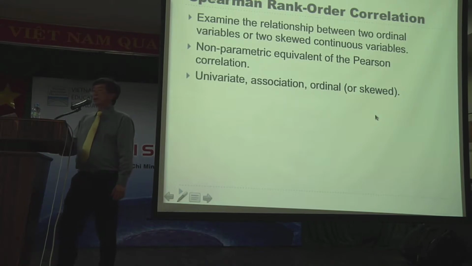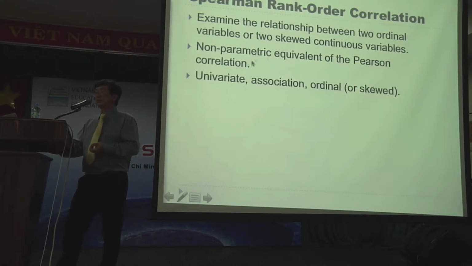Spearman rank order correlation examines the relationship between two ordinal variables or two skewed continuous variables. This is a non-parametric equivalent of the Pearson correlation. So it's also univariate, deals with the issue of association, but it deals with ordinal data or skewed continuous data.